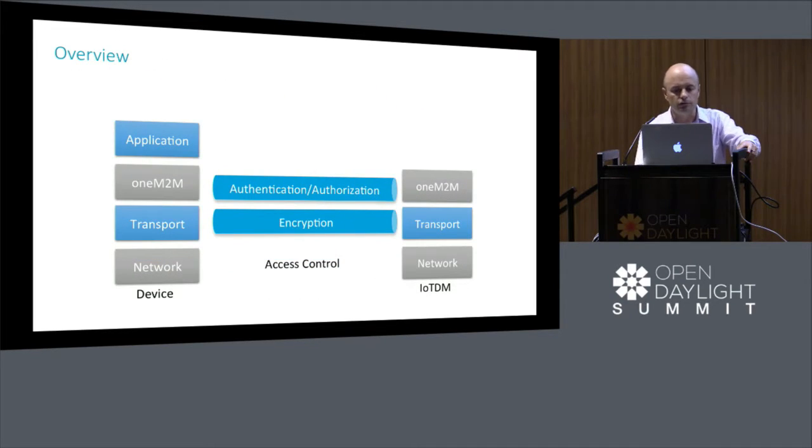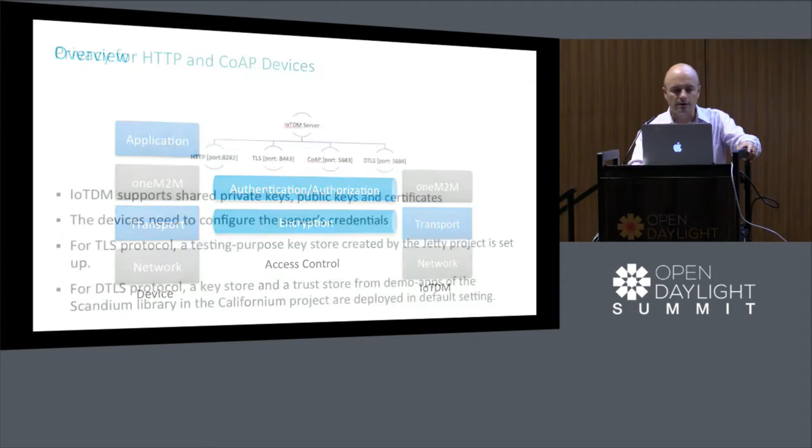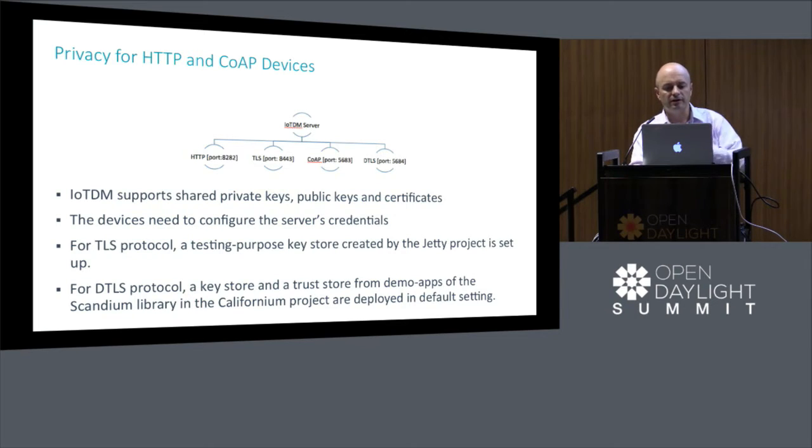Another way to see it is through this diagram. It's just a different representation, but basically it's the same thing: access control, encryption, authentication, authorization. Unfortunately, we don't have a lot of time to go over the details of the security procedures.